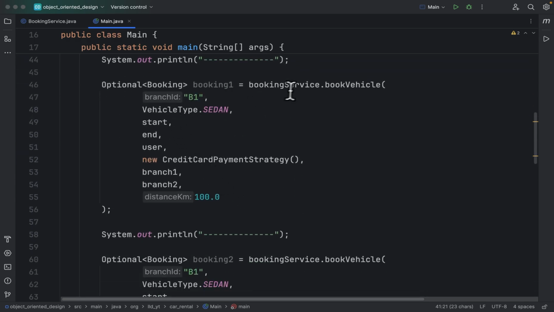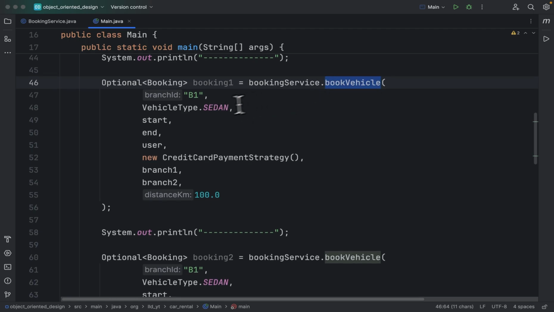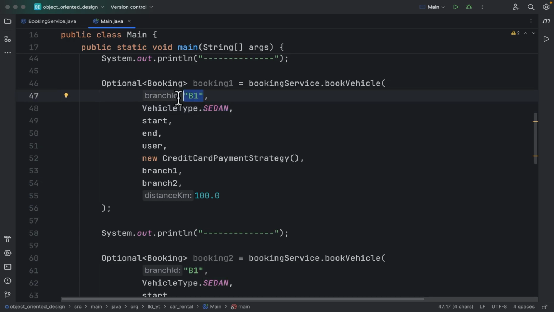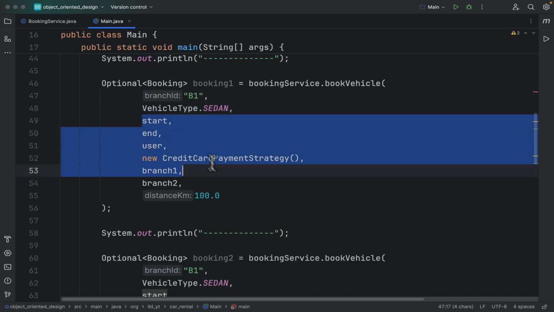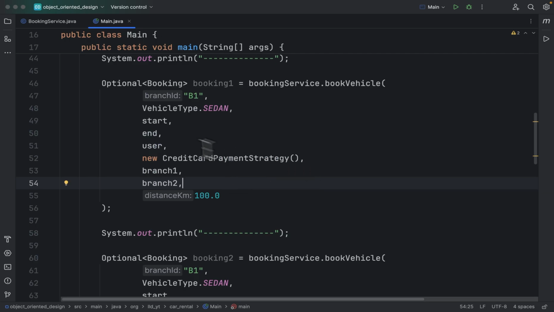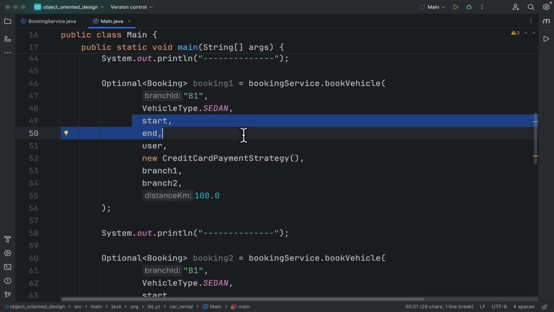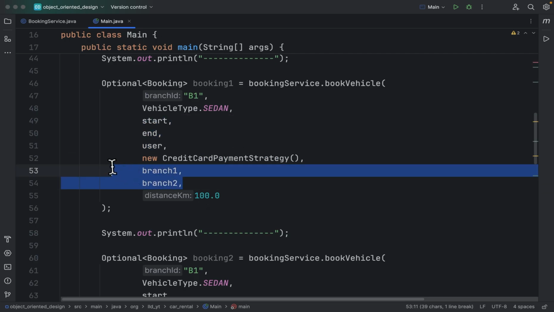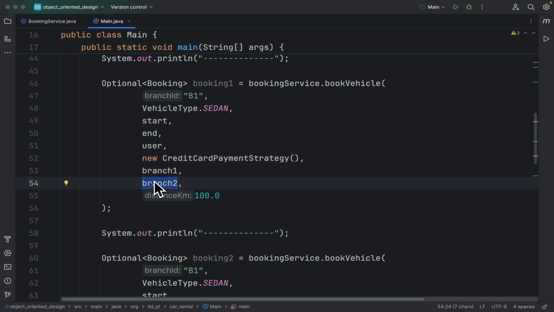I have called this function called book vehicle, and I am trying to book a vehicle called sedan from the branch B1. And these are different attributes. I want to book that vehicle from start to end, and I will pick the vehicle from branch 1 and drop it to branch 2.